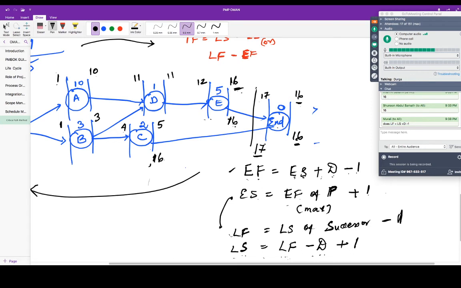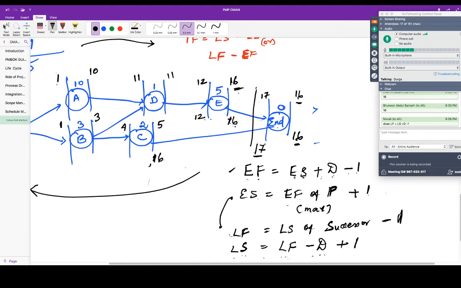At the latest when you could start, that's the meaning. So what would you do? 16 minus duration plus 1. 16 minus 5 is 11, 11 plus 1, 12. You understand? So this is the late start.